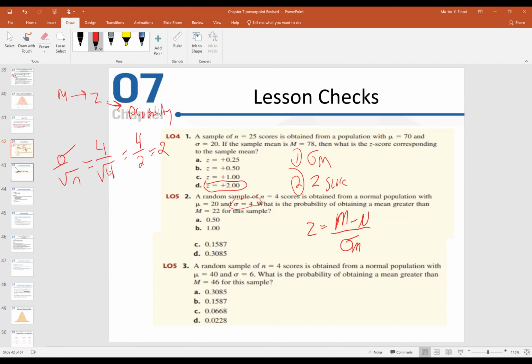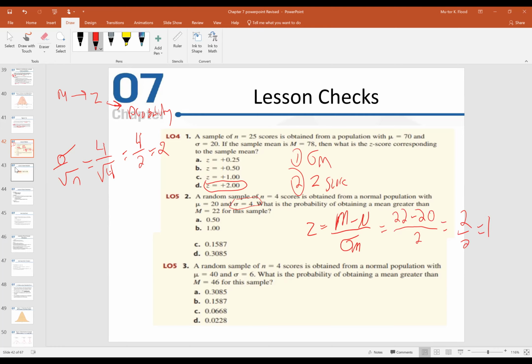And so this is going to equal, the sample mean is 22 minus the population mean of 20 divided by 2. That's going to give us 2 over 2, which equals 1.